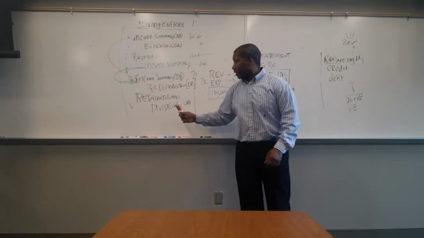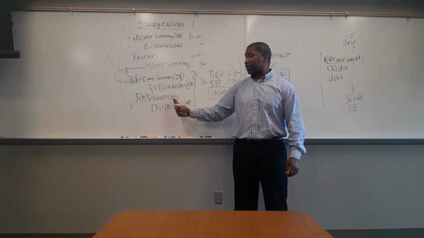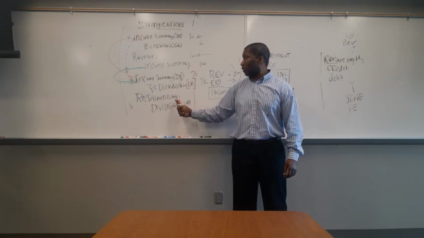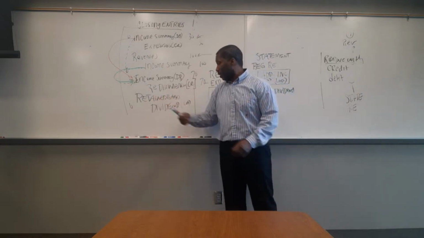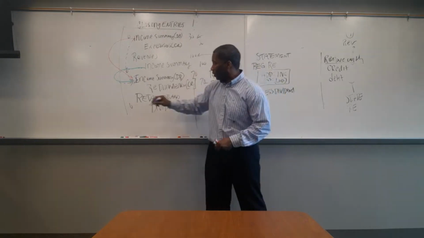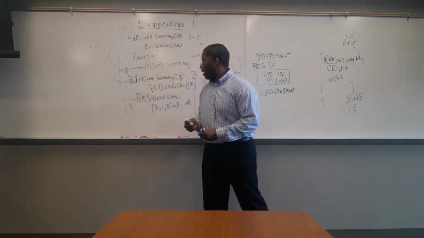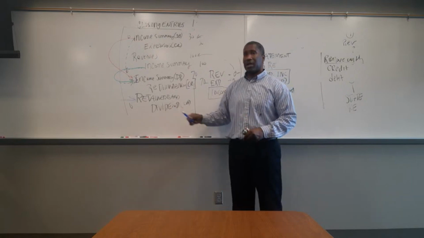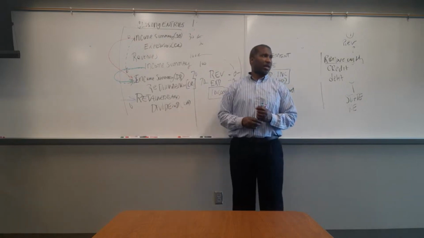So we have to pay our dividends. We pay our dividends out of retained earnings, not out of the income statement. To show that we paid it out of retained earnings, I have this debit to retained earnings to reflect my dividend payments, and then the dividends account is going to go there to take care of that.